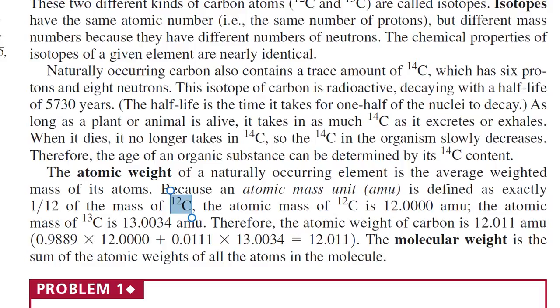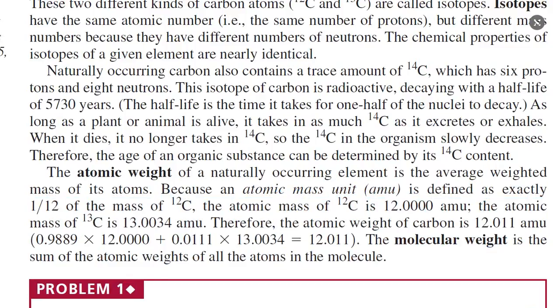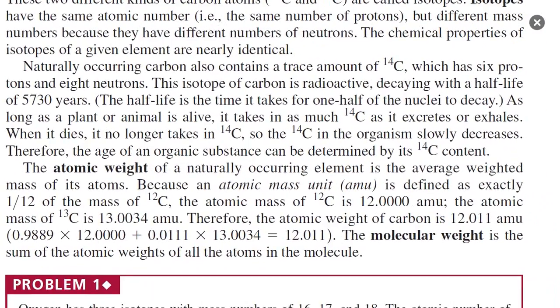So this is 1 over 12 of the mass of carbon 12. This is called AMU. Now what is the atomic mass of carbon 12? It is 12 AMU. So it's just saying the atomic weight of a naturally occurring element is the average weight of the mass of its atoms.